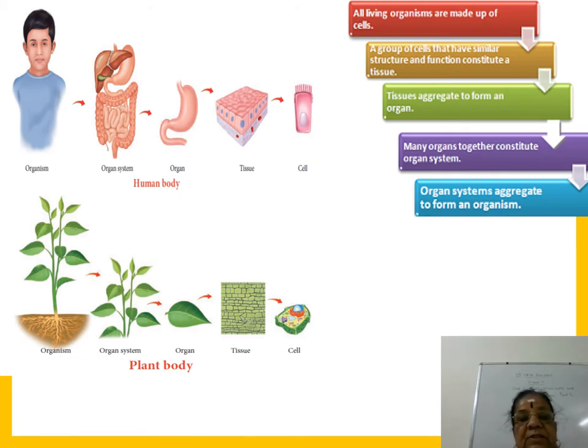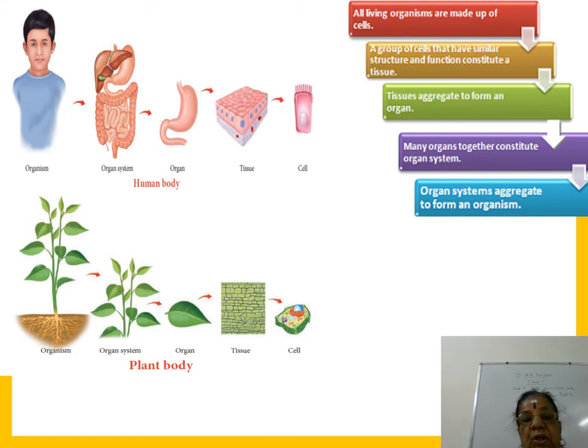So first, the cell. All living organisms are made up of cells. Here, this is ciliated epithelium in the stomach wall. This is a single cell. Now, in the ciliated epithelium, a group of cells forms a tissue, the ciliated epithelial tissue. And the group of tissues aggregate to form an organ. The stomach wall is formed of ciliated epithelial tissue.